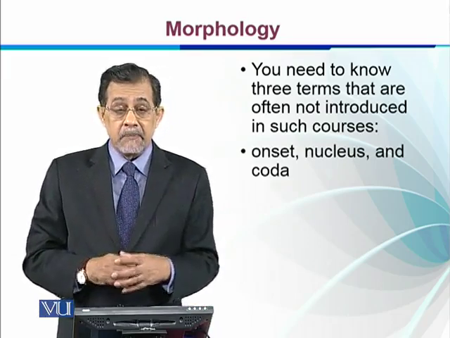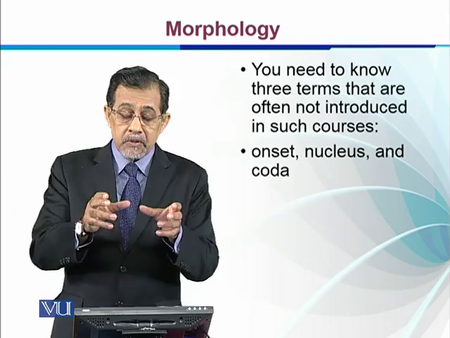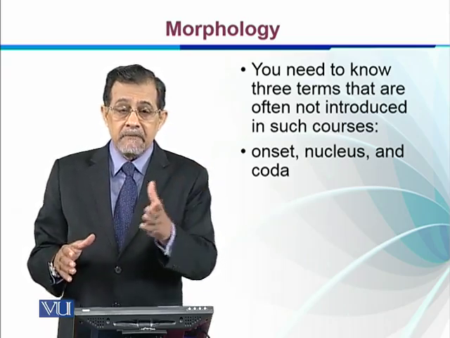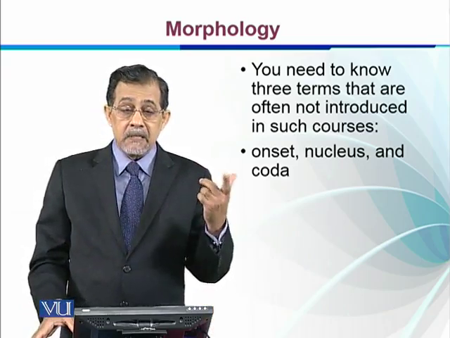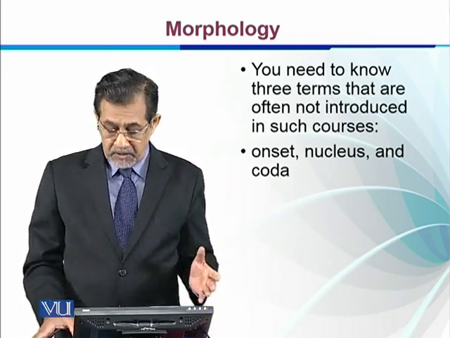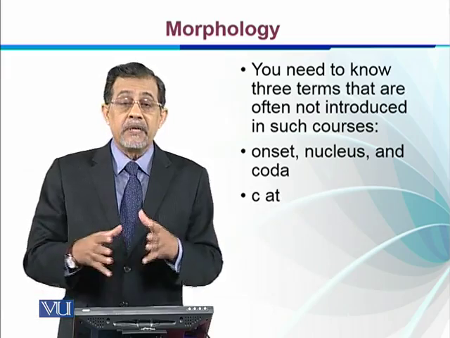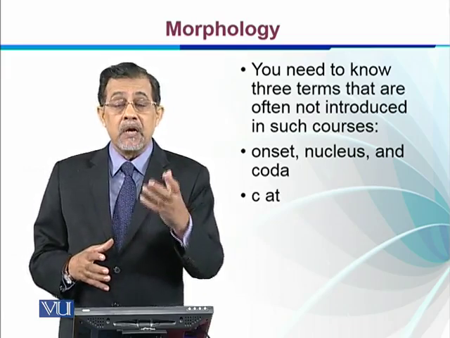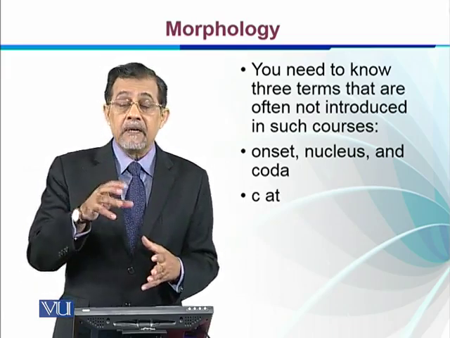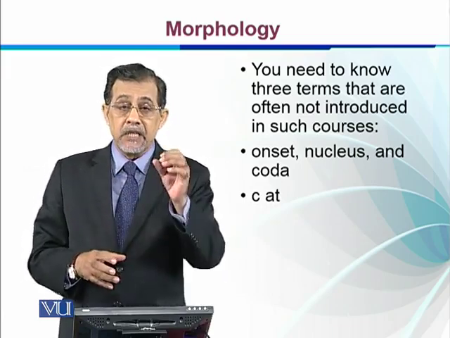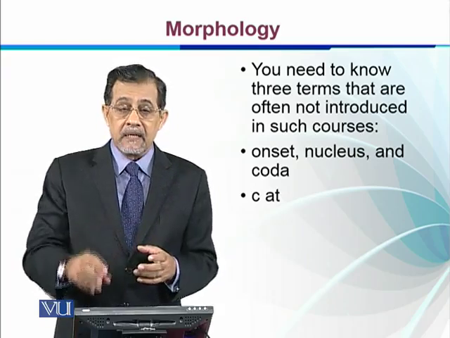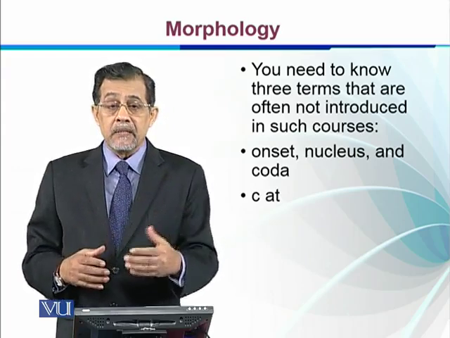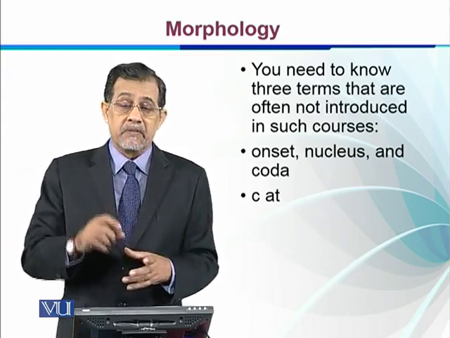The ideal syllable of English consists of a CVC: consonant, vowel and consonant. For example, we have the word cat. The first consonant is called the onset, the vowel is known as the nucleus, and the ending consonant is known as the coda. So this is the simplest syllable.